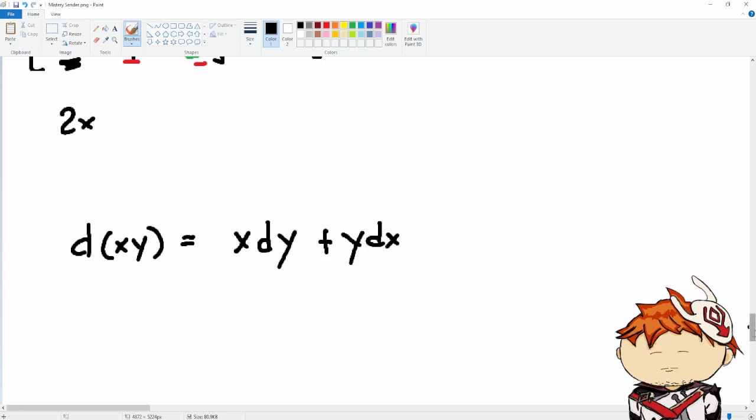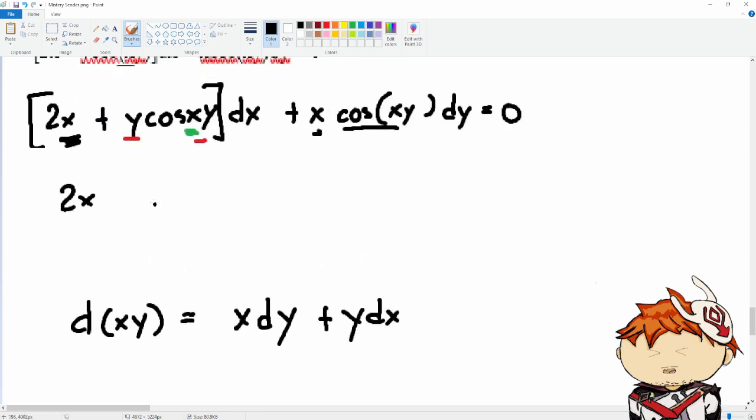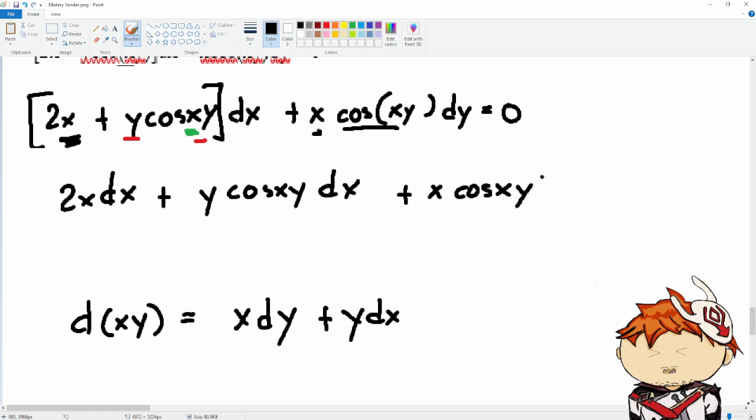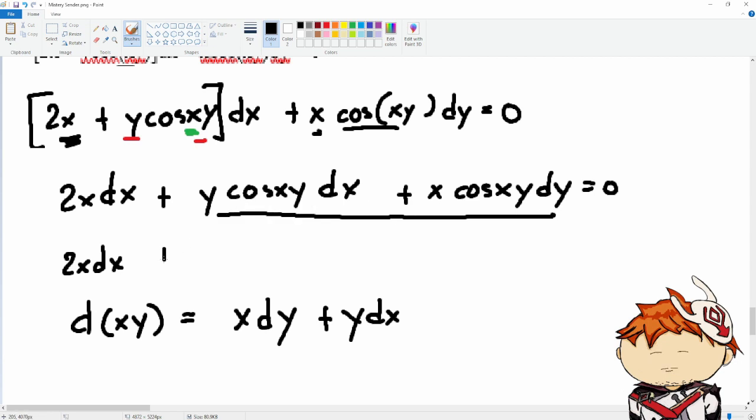So I'm gonna distribute the equation first. So this becomes 2x dx plus y cosine xy dx plus x cosine xy dy. You guys see it? I'm gonna take out cosine xy at these two terms. So plus cosine xy times y dx plus x dy.